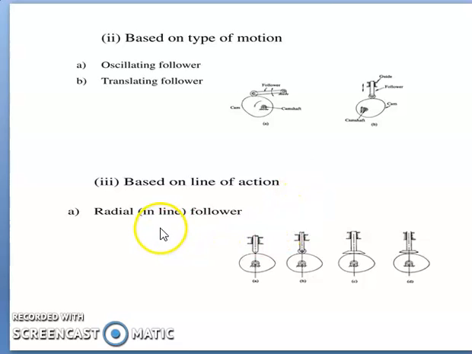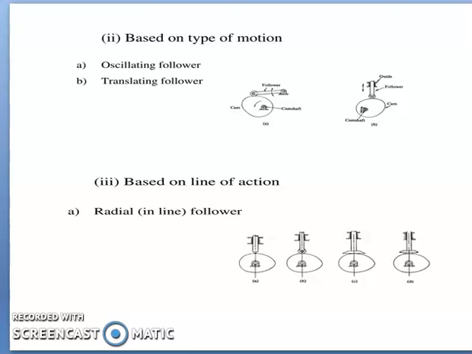Next is the radial or inline follower. Here, if the axis of the cam and the axis of the follower are in the same line, then it is called an inline follower. So this is a knife edge inline follower, a roller inline follower, a mushroom inline follower and a spherical inline follower.